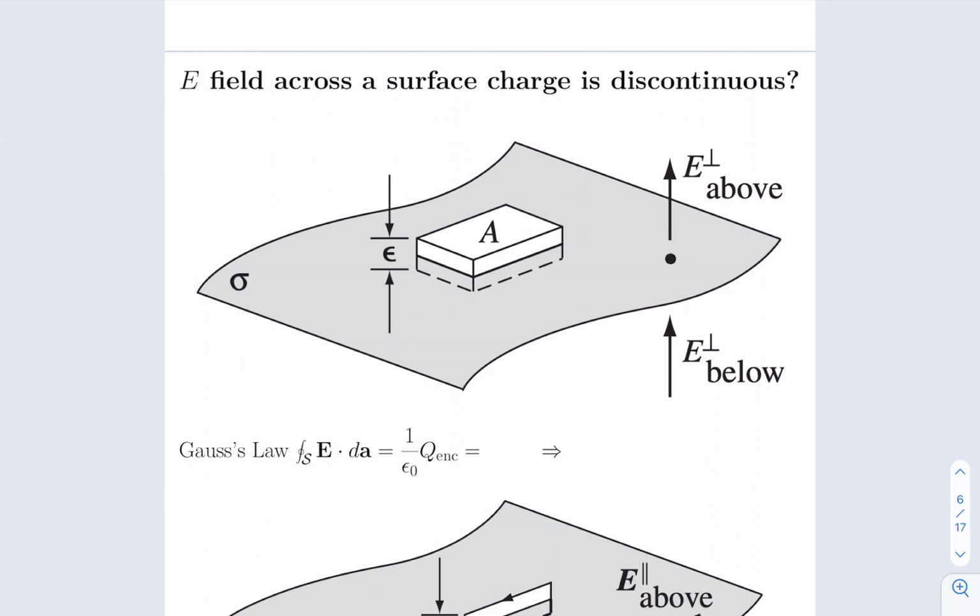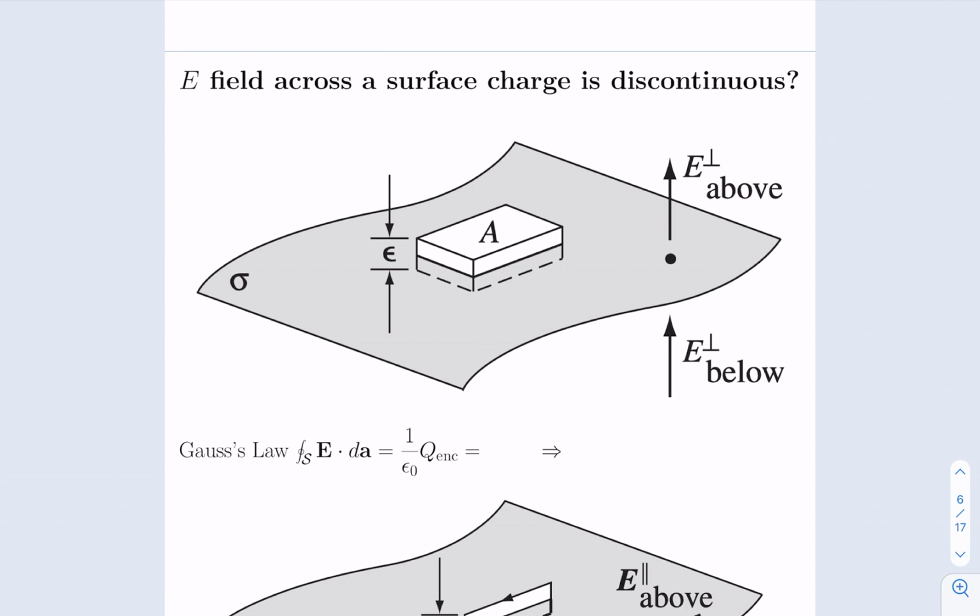If we apply Gauss's law to this surface, because the four edges are of essentially 0 size, the Gauss integral should only go through the top and the bottom.